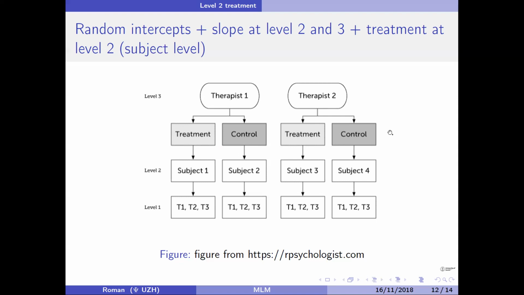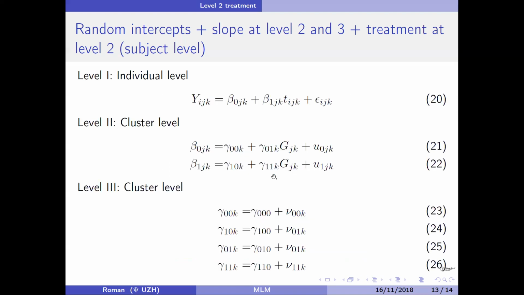Regardless of which therapist you're going to, each therapist has a treatment and control subject or set of them. And so now, because we're putting the treatment effect at the individual level, where a participant is either treatment or control, but therapists are accounted for in that, we now have to add different level 3 predictors here, which account for this control condition effect.